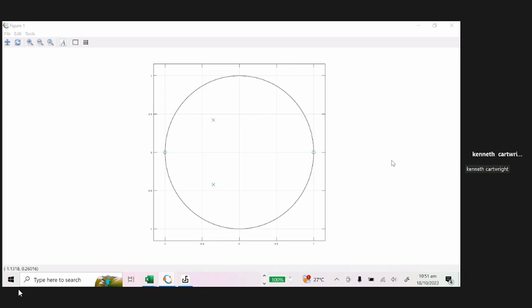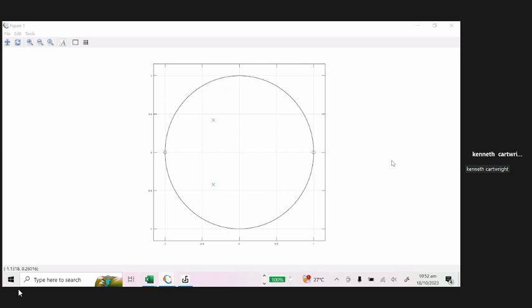Yes. All that means is the circle has a radius of 1, and the center of that circle is at the origin. Except here, the x-axis is the real part of z, and the y-axis is the imaginary part of z.